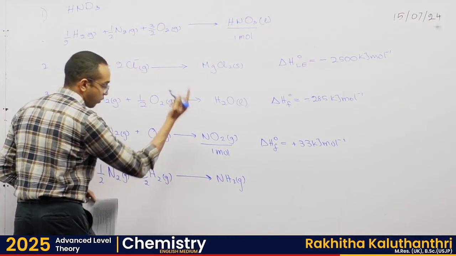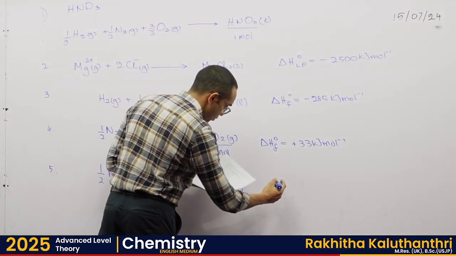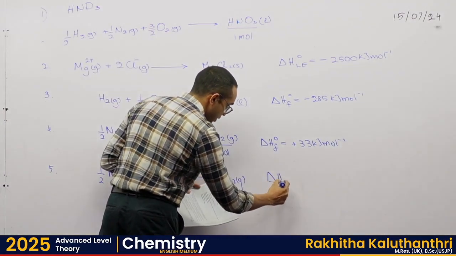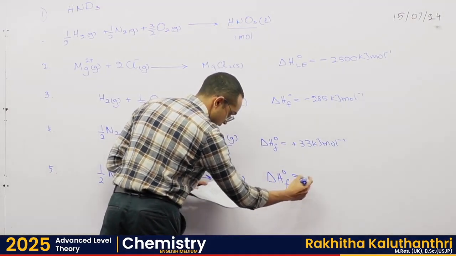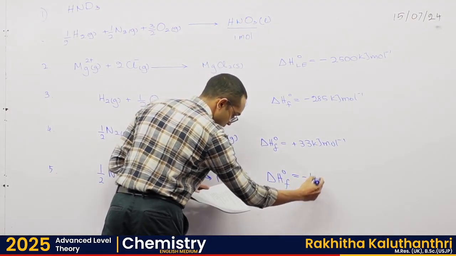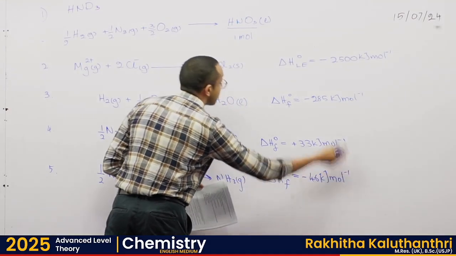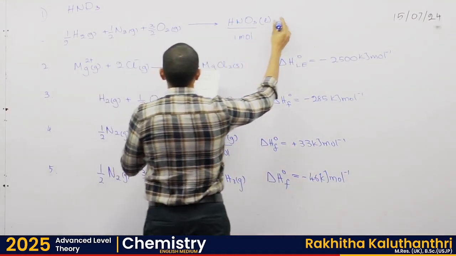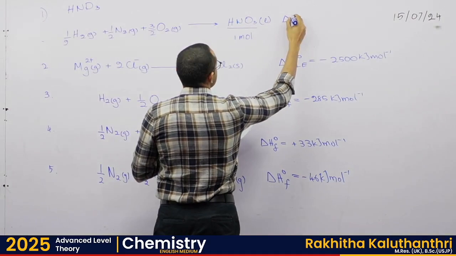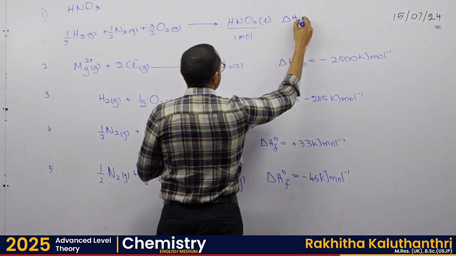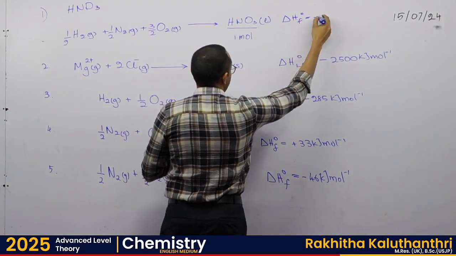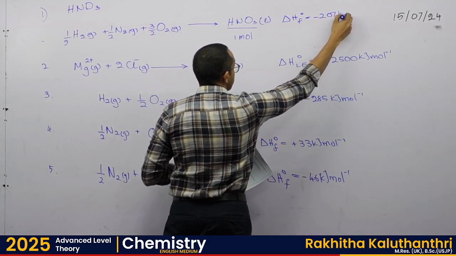Just to denote, we are forming 1 mole of ammonia. So therefore the delta H naught F value should be written here, minus 46 kilojoules per mole. Now this one I didn't write the enthalpy value, that is delta HF naught minus 207 kilojoules per mole.